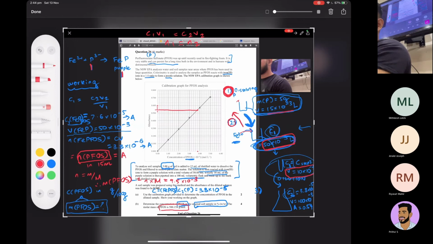So it all depends, Mithilesh. We'll find out. So everyone, what do we get as our mass of PFOS quickly? 1.9 times 10 to the power -3. Let's store that as D. All right, and we'll divide that by 5 grams. What do we get?